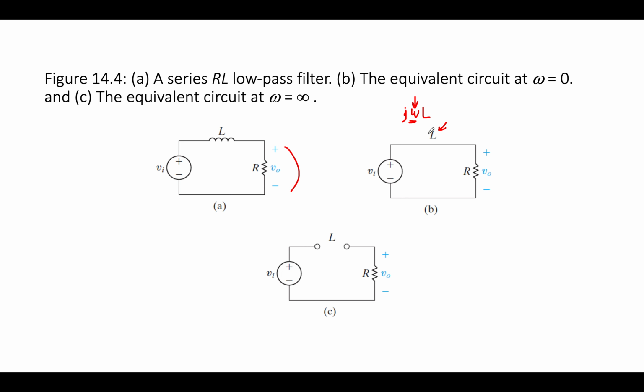If omega goes to infinity, this impedance across the inductor, which is now an inductive impedance, becomes infinite because omega becomes infinite. So the inductor at very high frequencies looks like an open circuit, which means that all of the voltage will drop across the inductor. No voltage will drop across the resistor. So we are completely cut off as far as our output voltage when we're at very high frequencies.